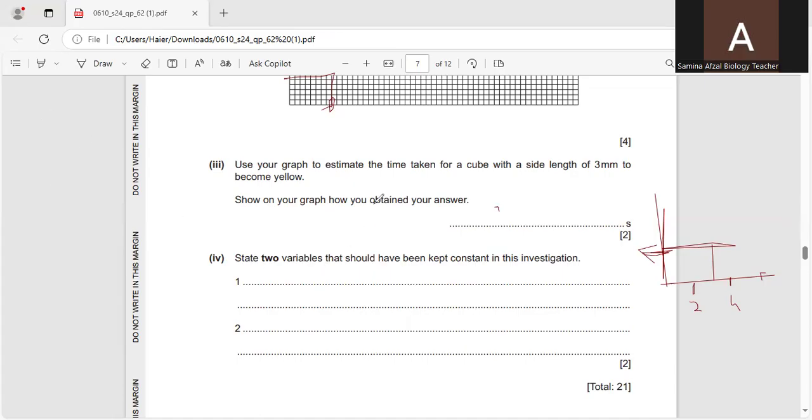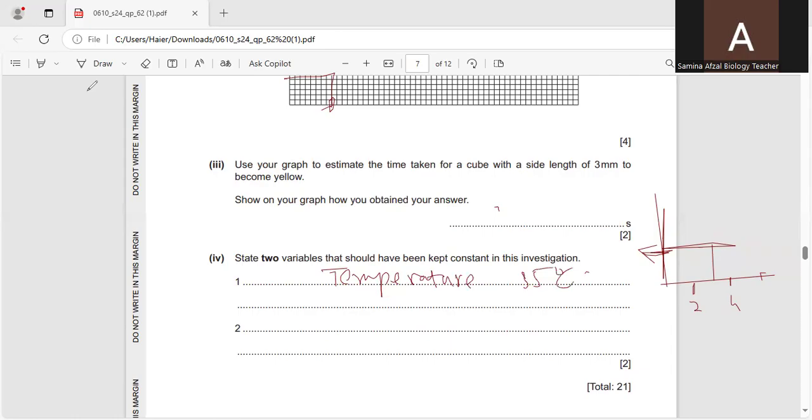Next is, state two variables that should have been kept constant in this investigation. In this investigation, the temperature was kept constant. Temperature was constant in this experiment because it was 35 degrees centigrade.